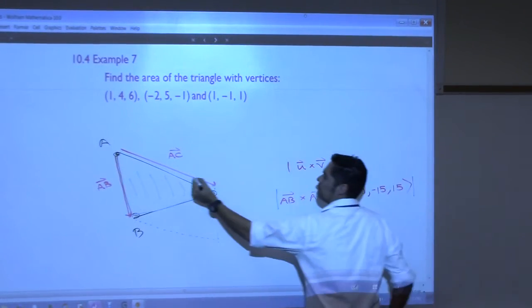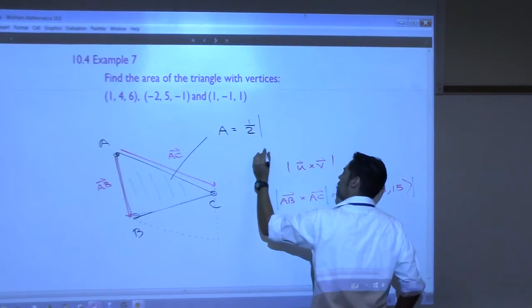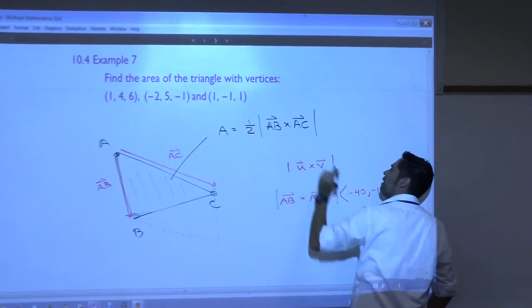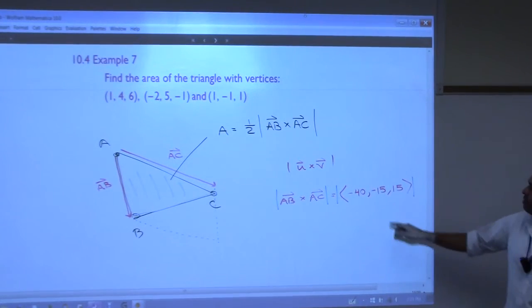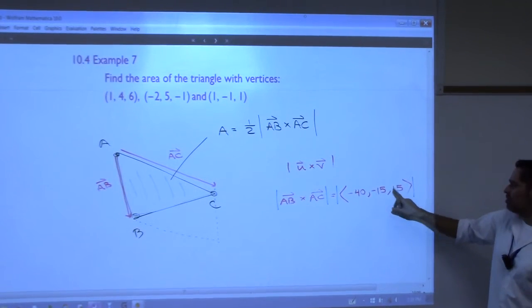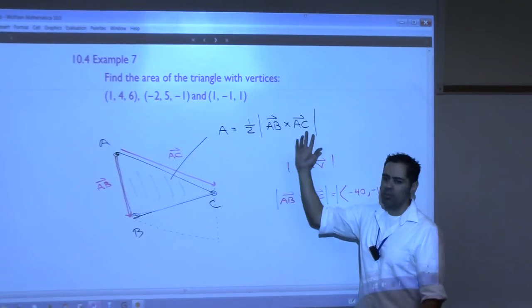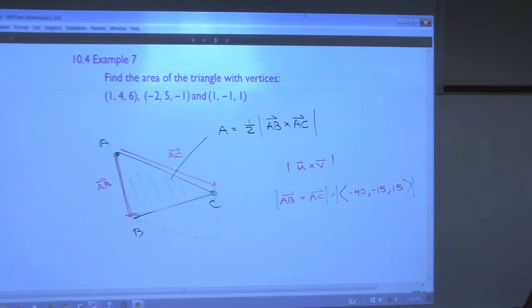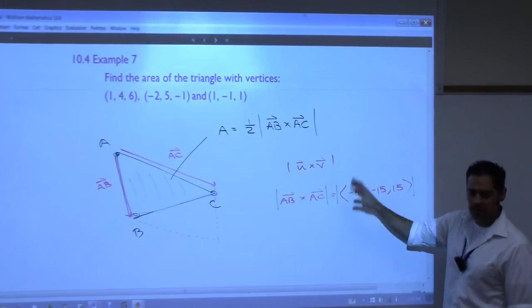So the area here will be equal to half of the magnitude of AB crossed with AC. Now that's how you find an area of a triangle in three-dimensional space. That's easy to do. So how would you get this magnitude? Well, square root of this squared plus this squared plus this squared, that's a number, right? Divide it by 2, that's the area. Do I need to go through it, or you think you can handle that?